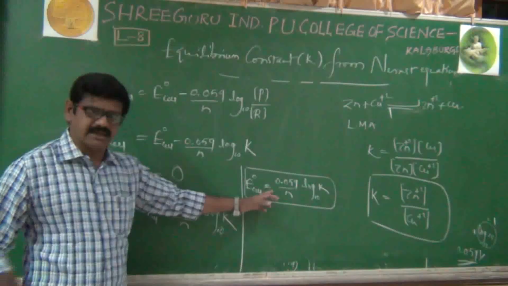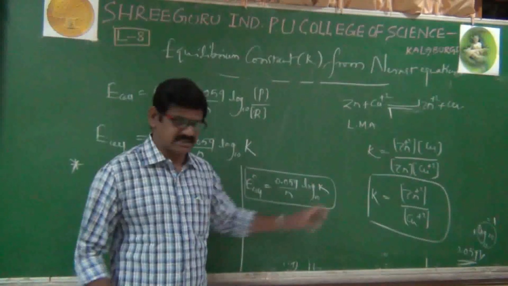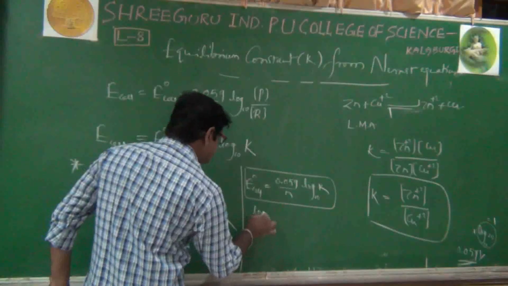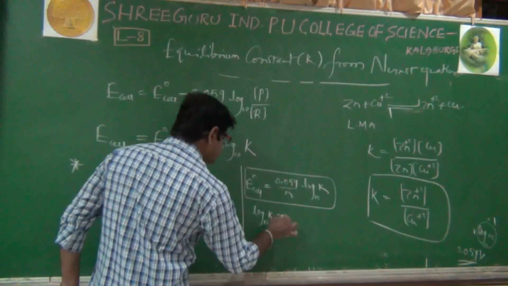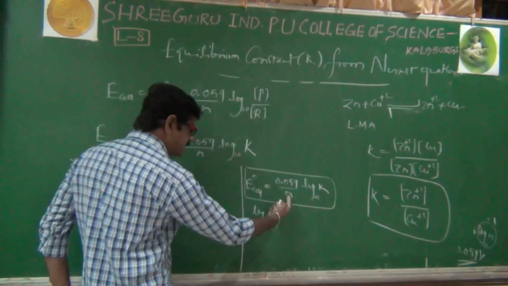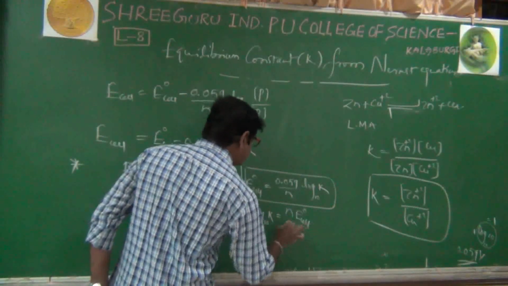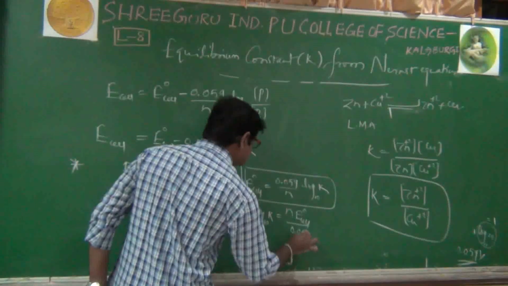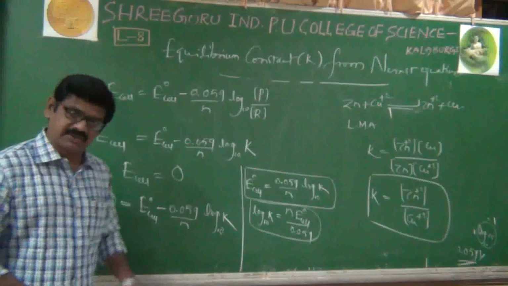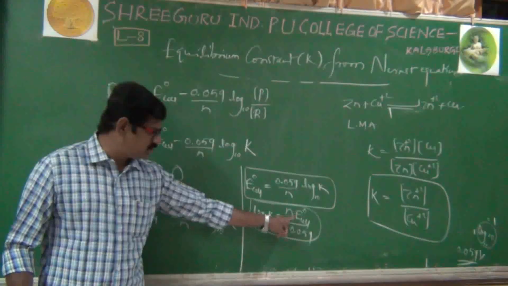And again we can change the formula into the equilibrium constant. See here, log base 10 K, of course, will bring to the LHS. Then the formula changes as n into E naught cell divided by 0.059. This is also one of the formulas to find the log K value. Log K value equal to this formula.